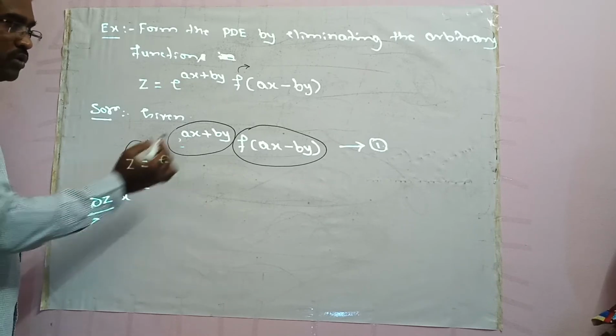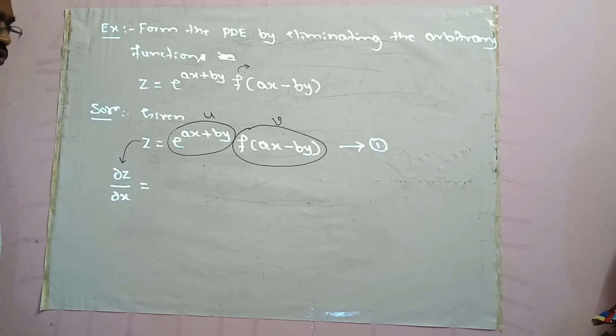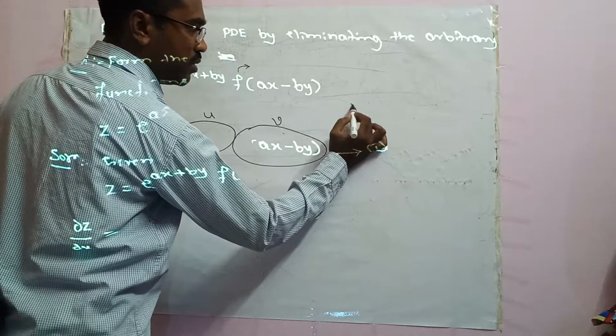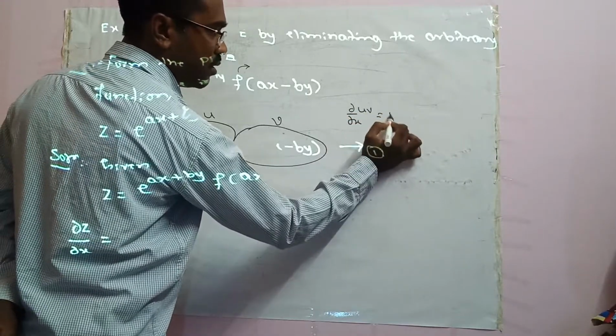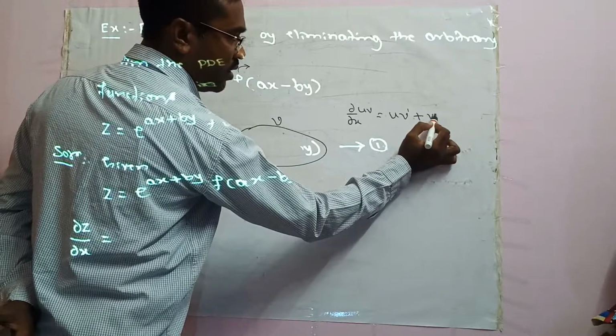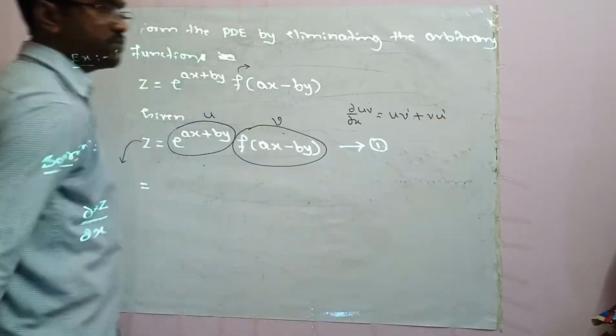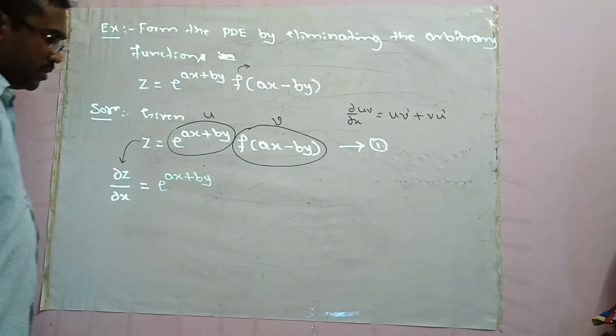So we need to use the product rule to differentiate this. What is the product rule? Dou by dou x of uv will be u v dash plus v u dash. Right? Now let us apply this rule here.